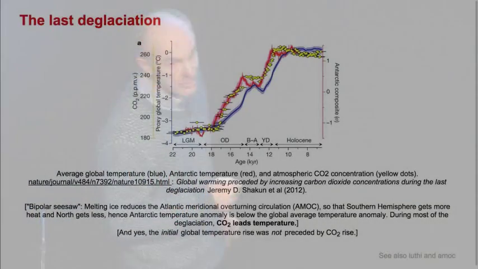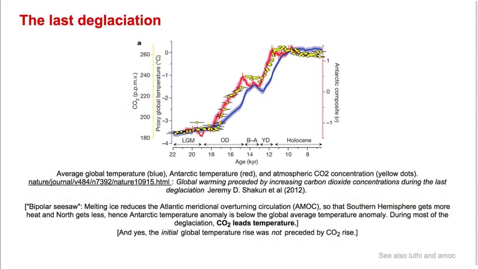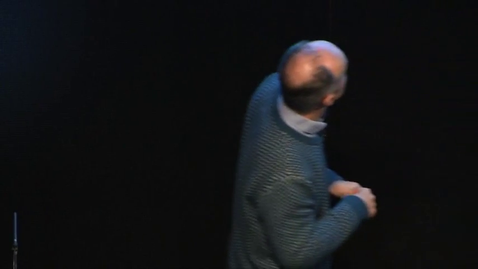They call it the bipolar seesaw. Maybe I don't need to explain the story in full detail, but the bottom line here is the last deglaciation has been measured accurately, and during that last deglaciation, during most of it, the rise in CO2 did precede the rise in temperature.